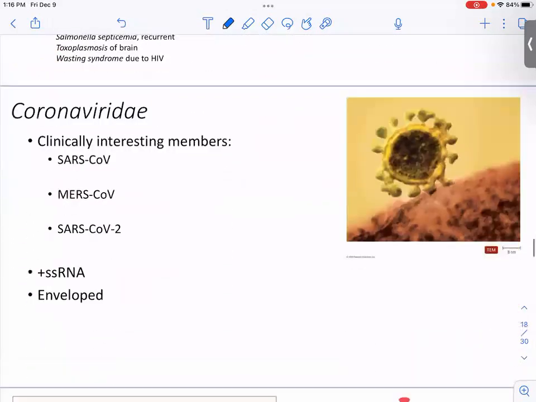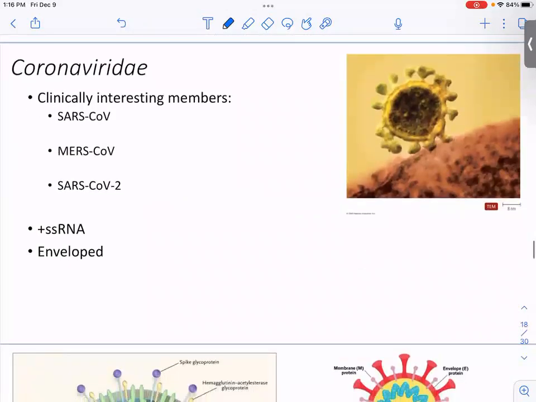All right, so one more virus to talk about, Coronaviridae, the family of coronaviruses. Up until a few years ago, I wouldn't have had a lot to say about this virus. It's a common cause of colds. A lot of different things cause colds, like rhinovirus, second most common cause of colds. There are some clinically very serious infections that are caused in addition to COVID-19.